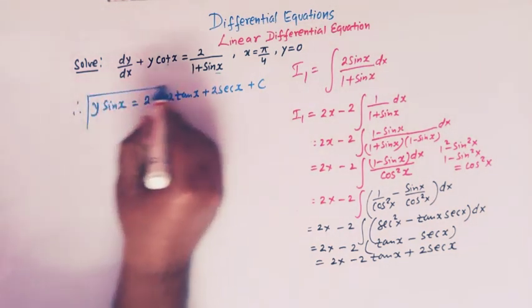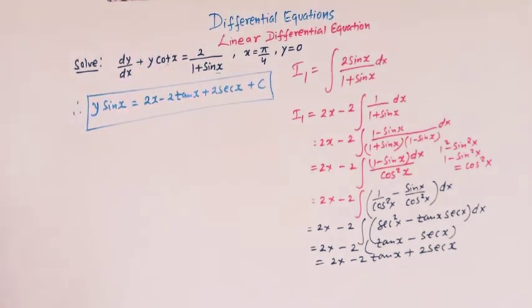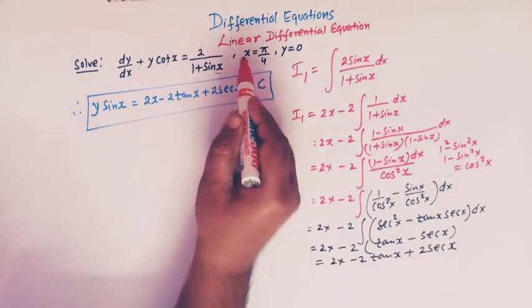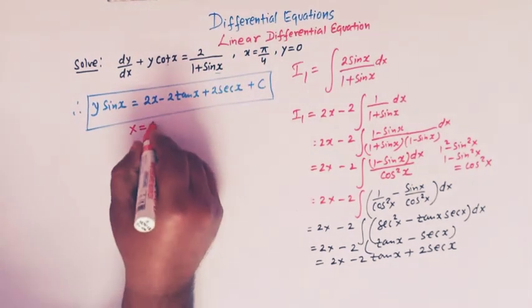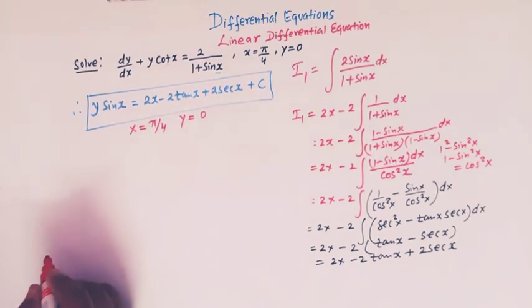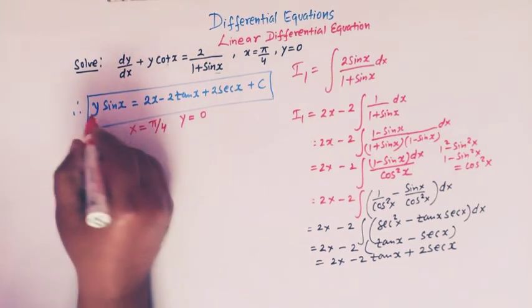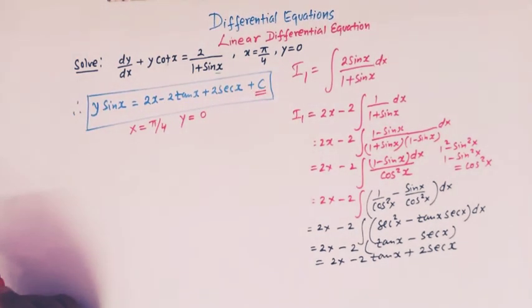So this is the general solution of this differential equation. Now we have to find out the particular solution of the given differential equation by making use of these values, that is x is pi by 4 and y is equal to 0. So these boundary conditions will give us the value of this constant of integration.